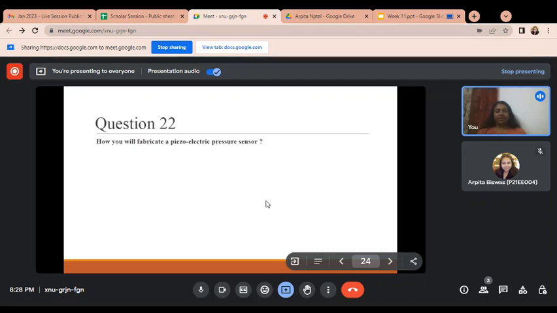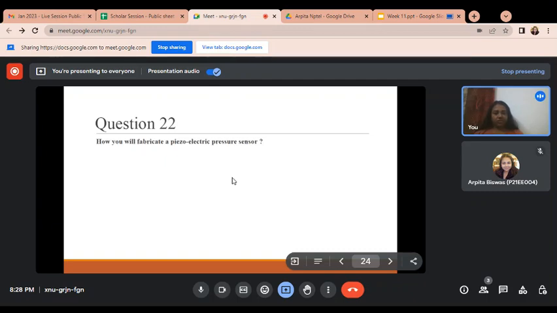At first we deposit the chromium and gold, and after that we have to pattern this electrode.